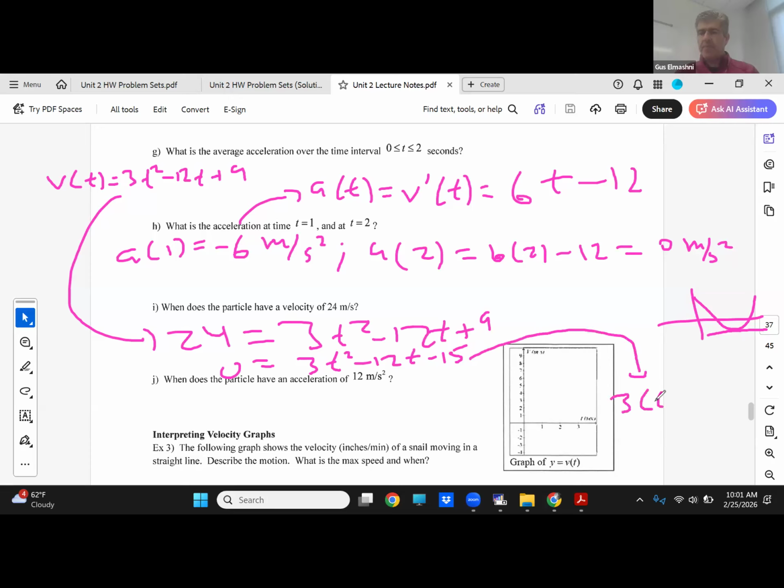That might be easier. So it's got to be 5. So it takes 5 seconds because you're not going to report a negative answer, obviously.